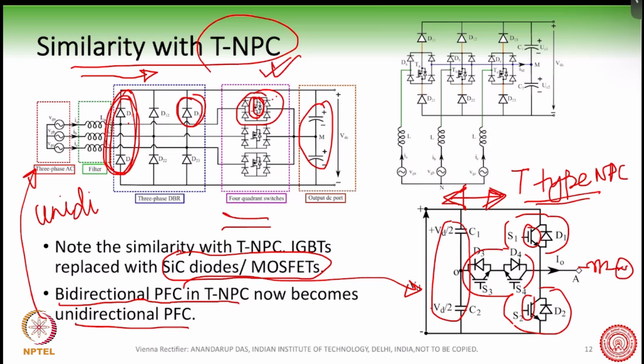So one diode and switch is switched in the positive half, and one diode and switch is switched in the negative half of the AC cycle. Generally, these are all made with silicon carbide because these are more modern converters. But if you understand the T-type NPC very well, you can as well find out the operation of the Vienna rectifier.